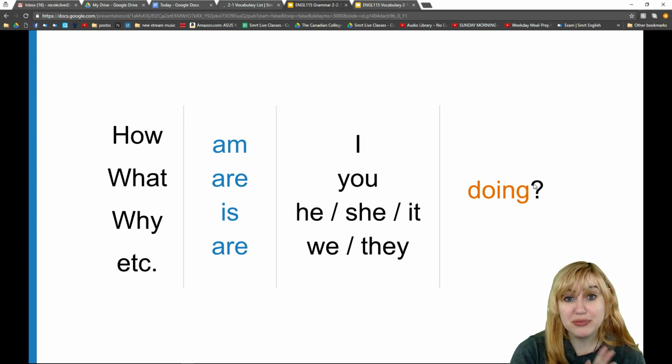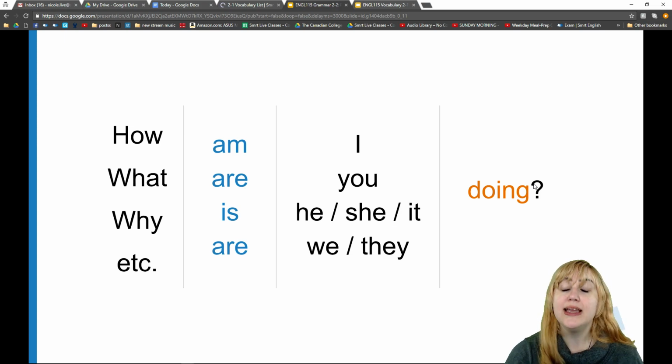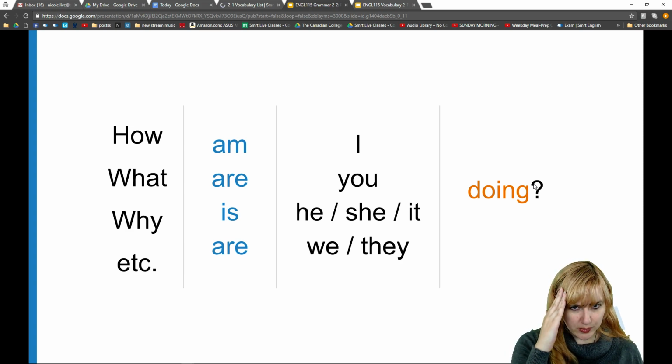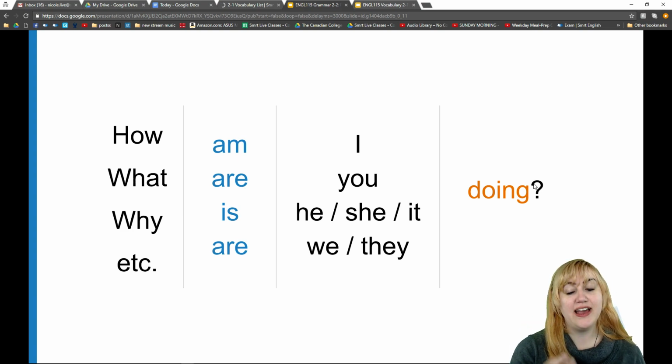Actually, in many ways, present continuous is a lot easier than present simple because the only thing that really changes is the be verb. So if you know which be verb goes with which subject, like I am, you are, he, she, it is, like that, it's very easy to make this grammar.